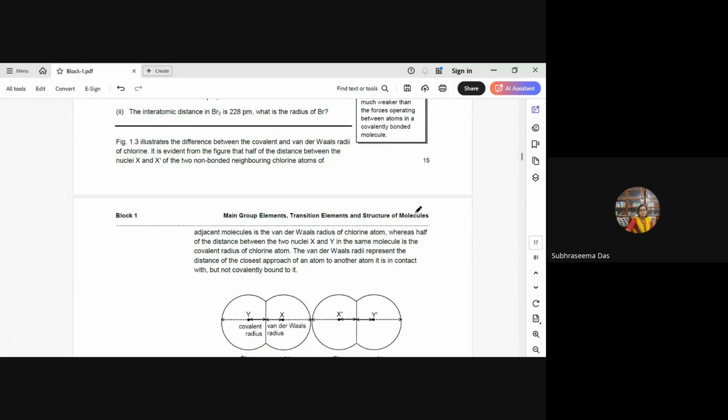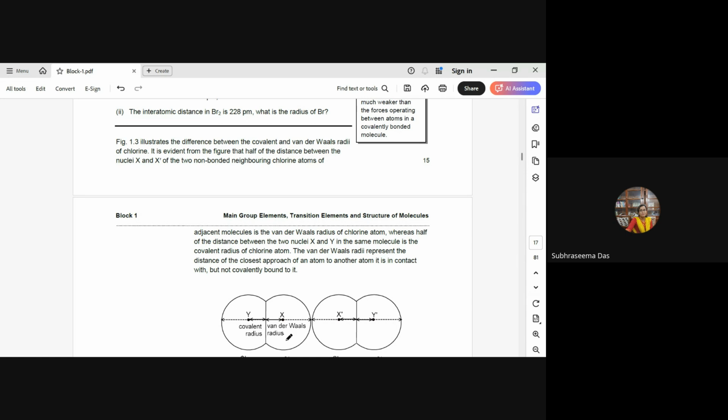First, how do we know which one is the covalent radius and which one is the van der Waals radius? The distance between the nuclei X and X dash of two non-bonded neighboring chlorine atoms represents the van der Waals radius of the chlorine atom. Van der Waals radius implies the point of closest approach between two molecules.